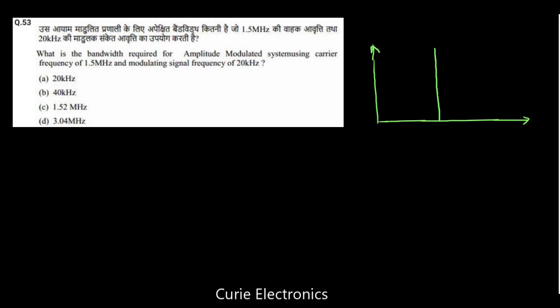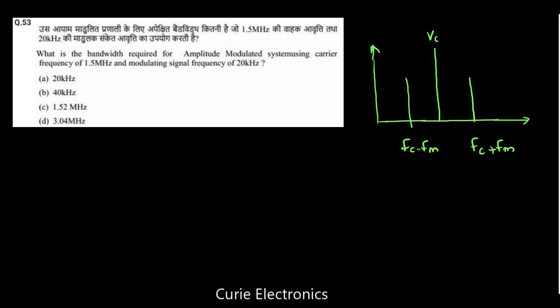This will be the center frequency, with center amplitude Vc, and we'll have two side bands, given as Fc plus Fm and Fc minus Fm.